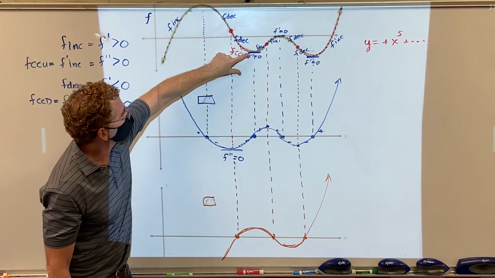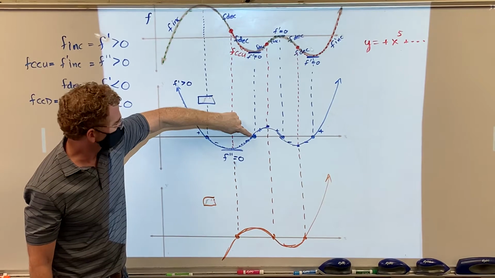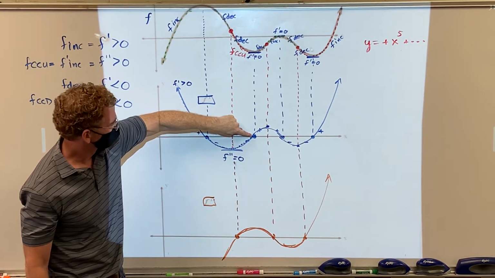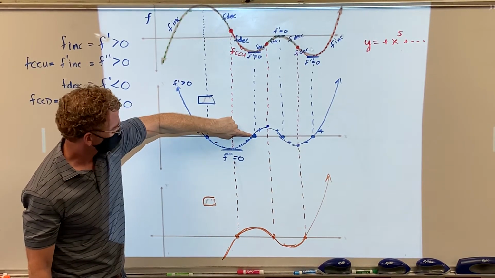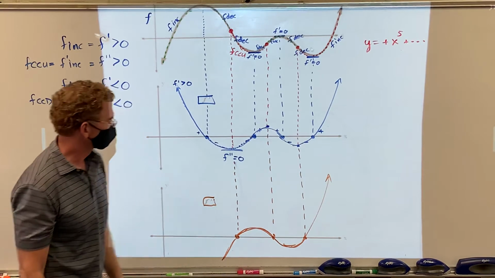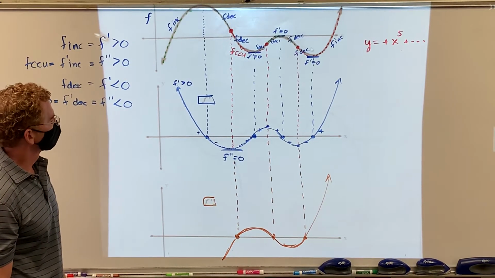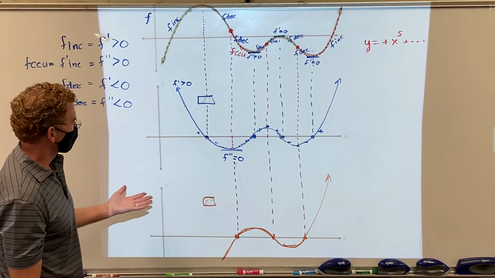So right here, that became a 0 right here, and this 0 right here becomes a what? Relative maximum? No, or is that just a coincidence? It's just a coincidence. The zero is not the exact inflection.